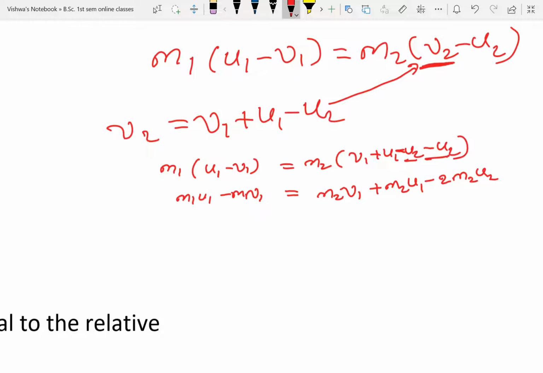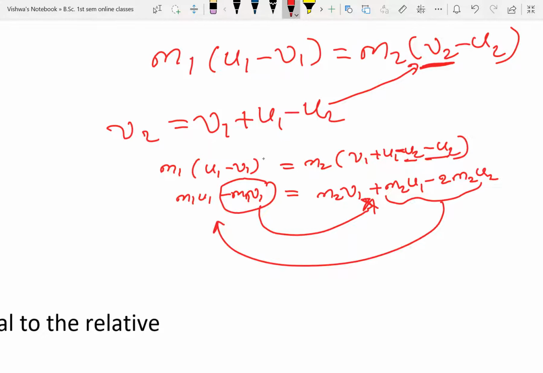Now bring this m1 v1 to the right hand side, and the remaining two terms to the left hand side.